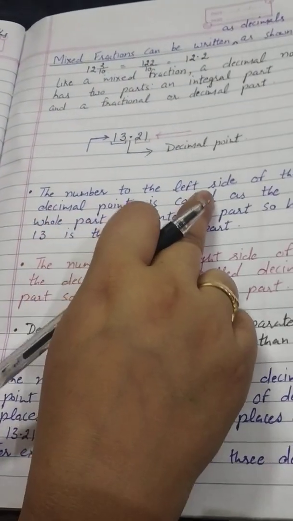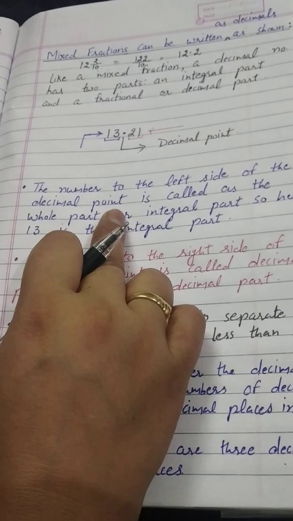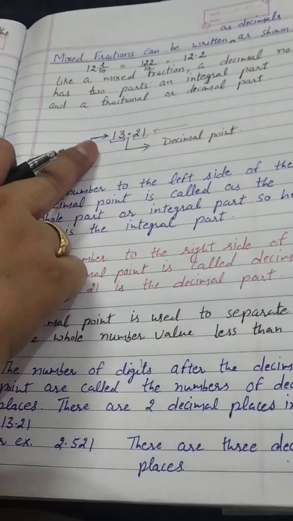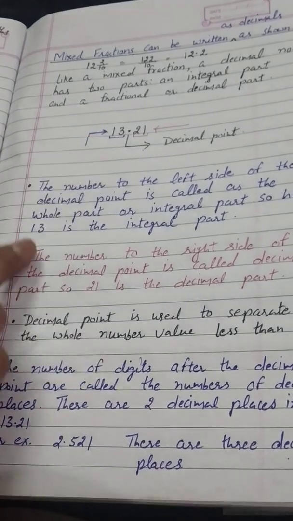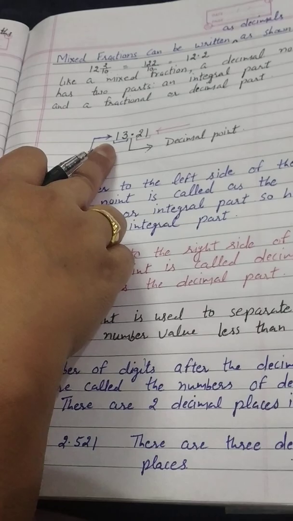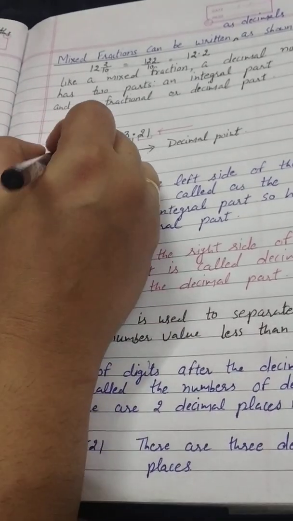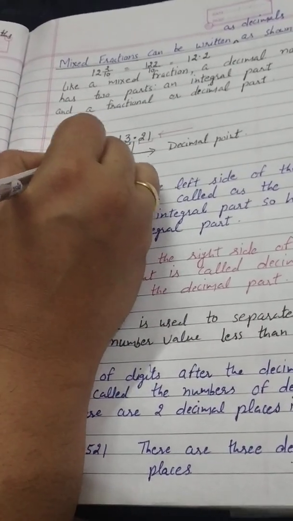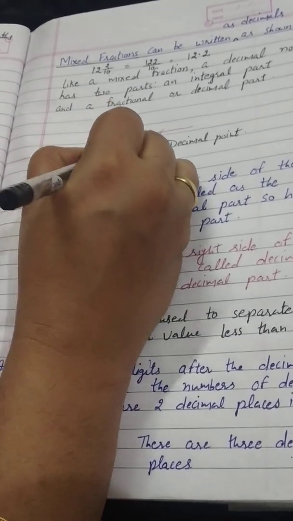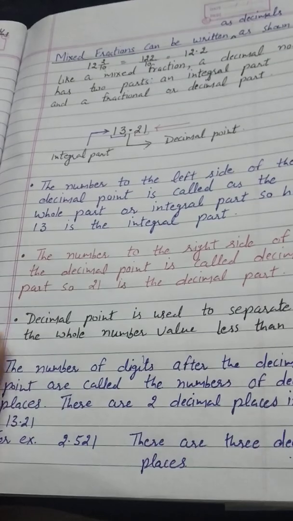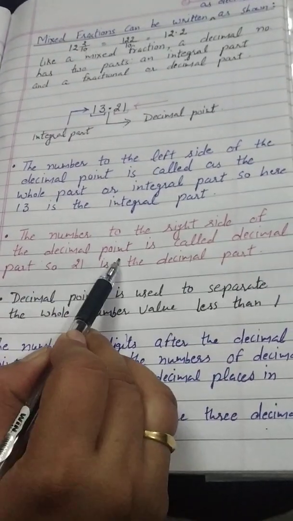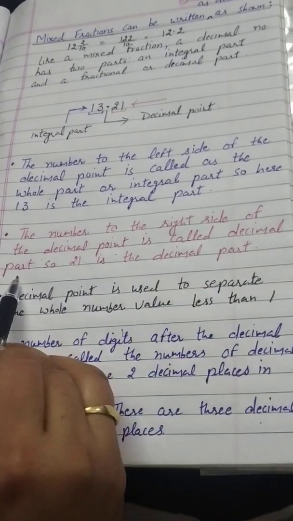The number to the left side of the decimal point is called the whole part, or the integral part. Here, 13 is the integral part. The number to the right side of the decimal point is called the decimal part.